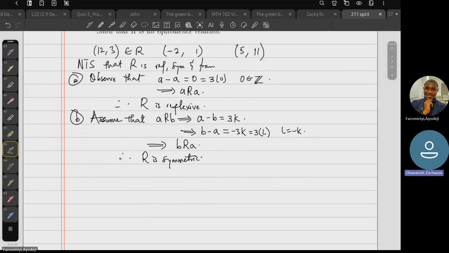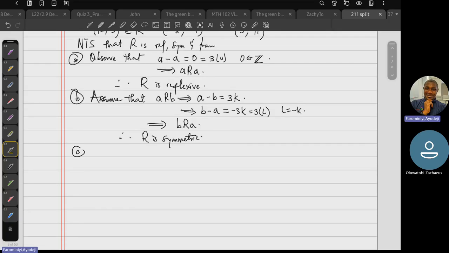The one that is usually a little bit tricky is transitivity. But let's try. What do we need to show? If A is related to B and B is related to C, then A is related to C. This is what we want to show.